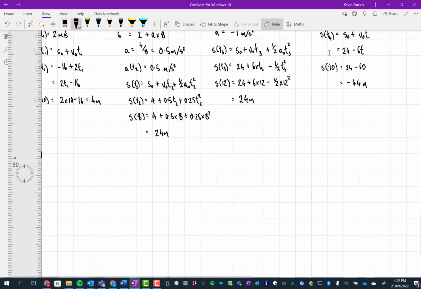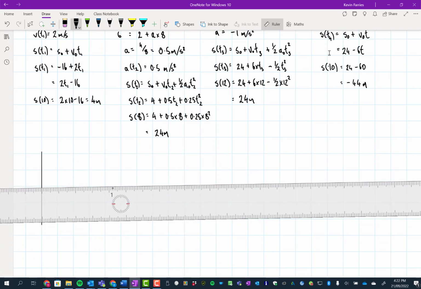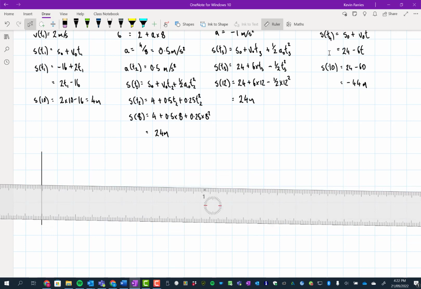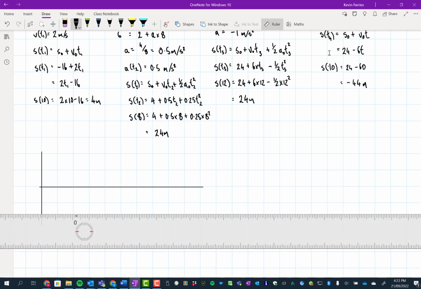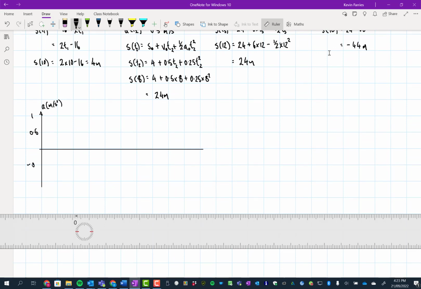We're going to have 40 seconds altogether, wasn't it? So we're going to have 0.5, 1, and this is acceleration in meters per second squared. And then we're going to have -0.5, -1.